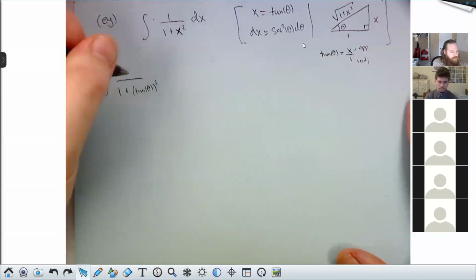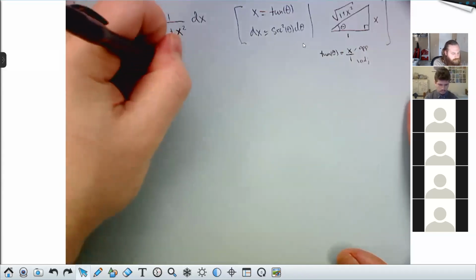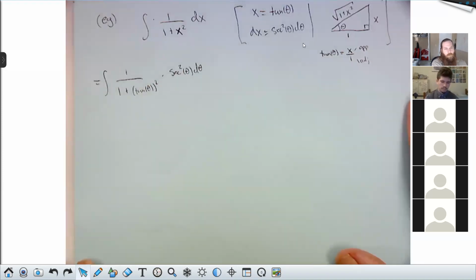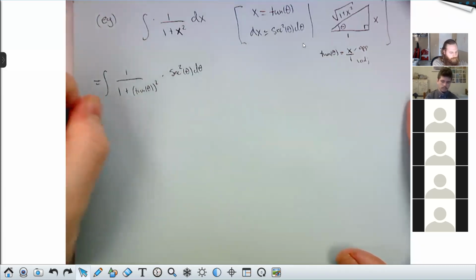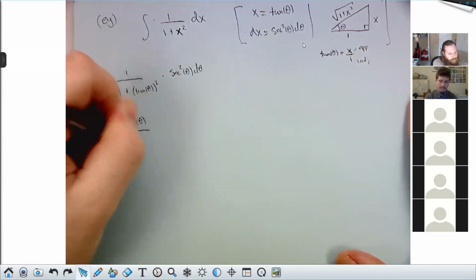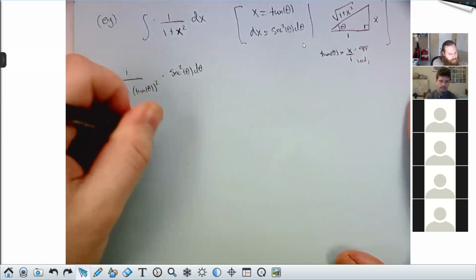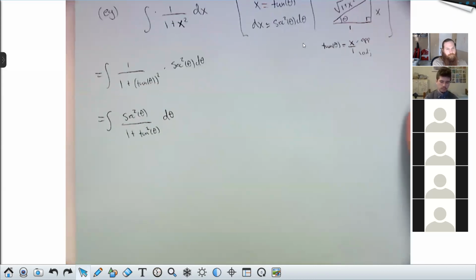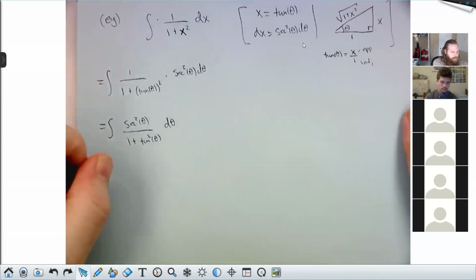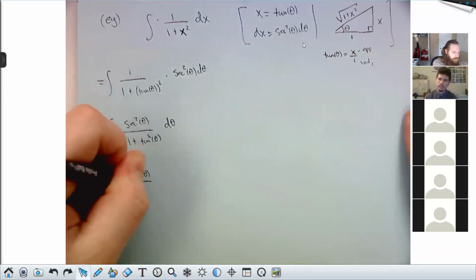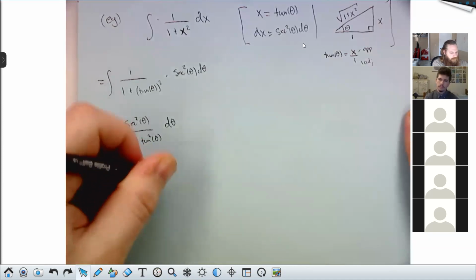is tangent of theta all squared, times dx is secant squared theta d theta. So that's secant squared theta over 1 plus tangent squared theta d theta. 1 plus tangent squared, though, that is secant squared. This is secant squared theta over secant squared theta d theta.